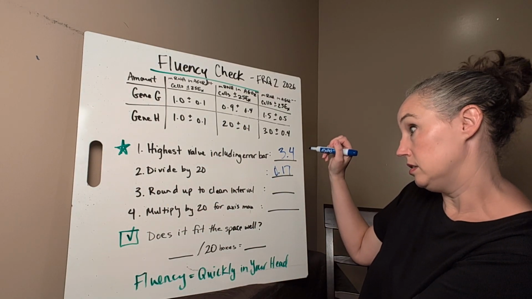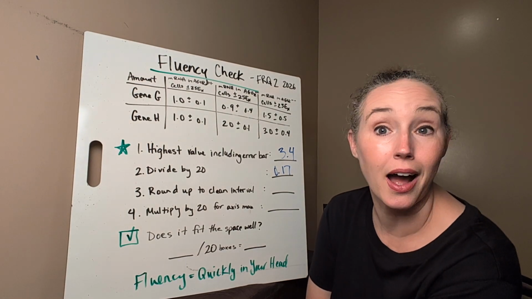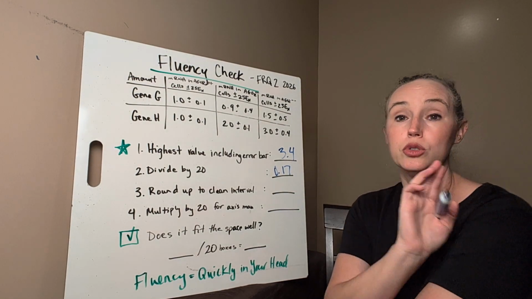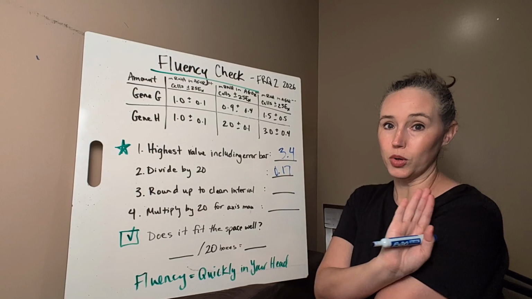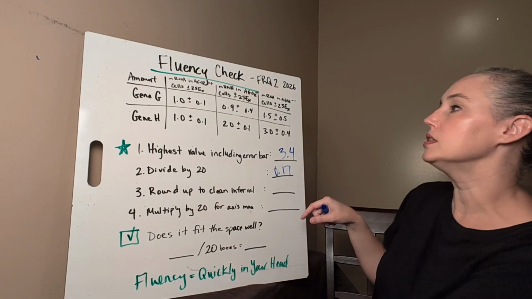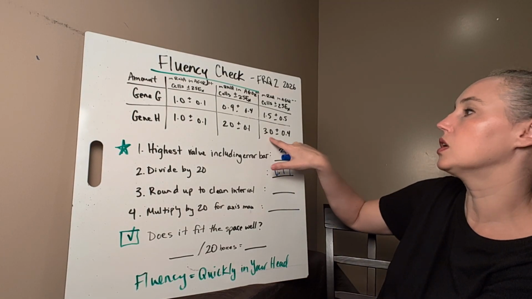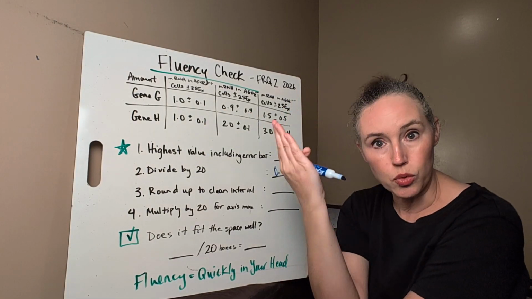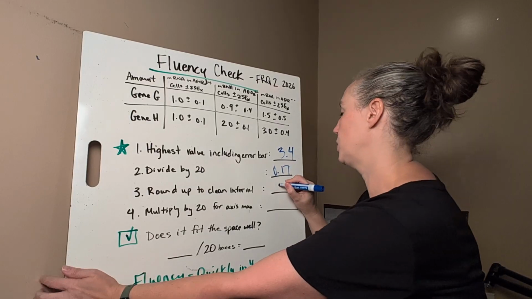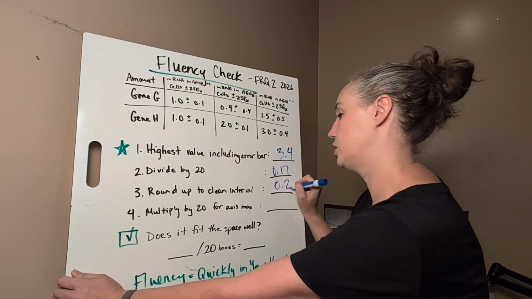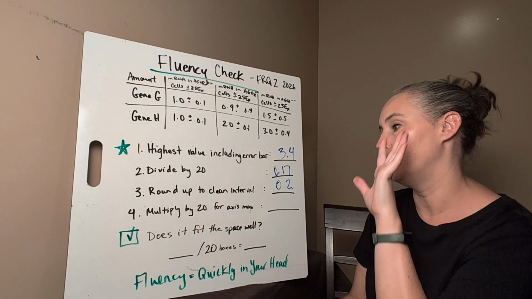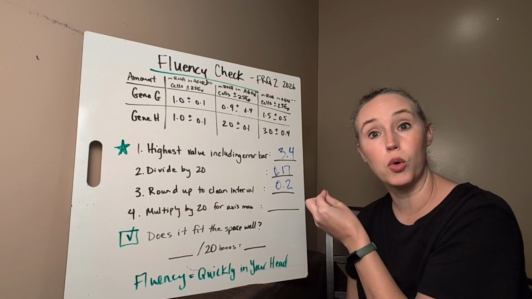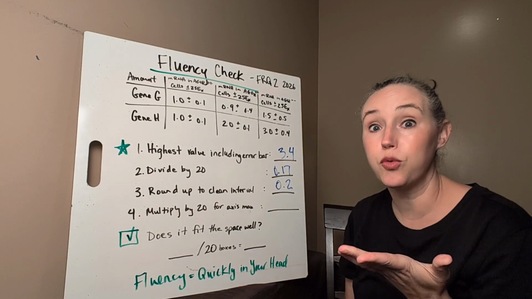And 0.17 is definitely not a clean interval, but we can round it up easily to 0.2. 0.2 is a nice clean interval, and we don't want it to be 0.20 because if you look, all of our data here is going to tenths, so we can round to the tenths. All right, so we can make this 0.2. Then we'll multiply that by 20 to get our axis max. So 0.2 times 20 is 4.0.